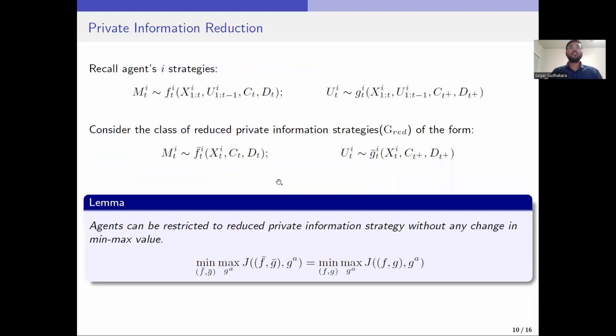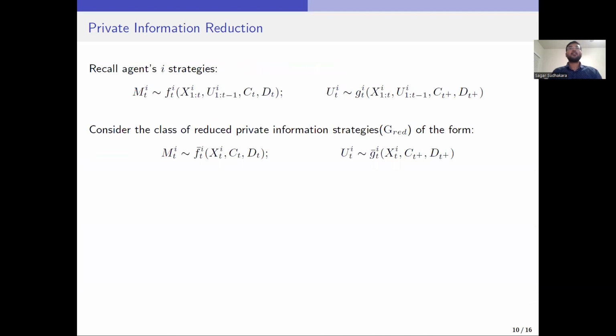Now coming to private information reduction. Recall that agent i's strategy was dependent on I_i^t and I_i^t+. So we had this particular agent i strategy. Now we are going to consider a class of reduced private information strategies denoted by J_red, which is of the form just x_i^t, C_t, D_t.